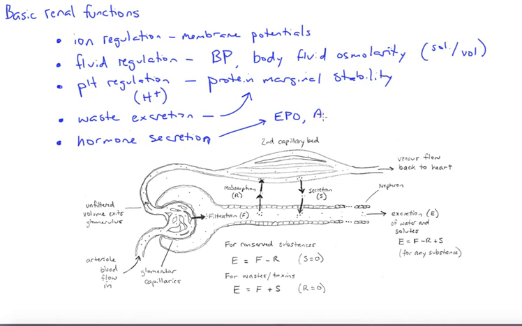Angiotensin 2, right? We learned about this in the cardiovascular section. It's vasoconstrictive, increases peripheral resistance of the blood vessels, and therefore boosts blood pressure. And again, if we need a reminder of that, blood pressure equals cardiac output times total peripheral resistance, right?